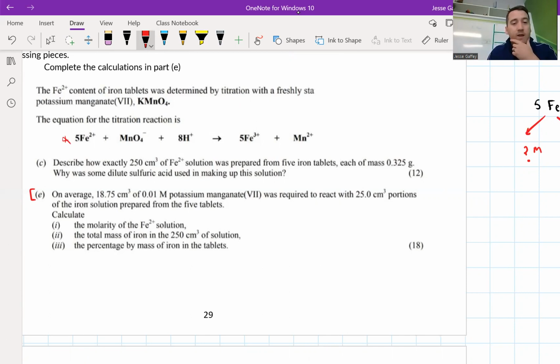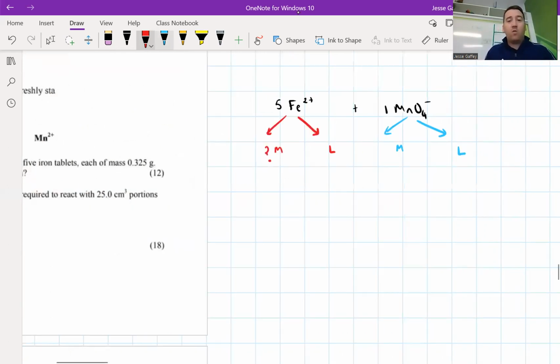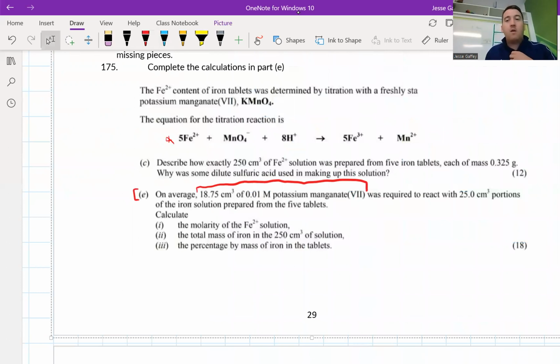All right, so what have we said here? 18.75 cm cubed of a 0.01 molar solution, and all this is talking about potassium permanganate. So we've got everything we need about the potassium permanganate right here. So it's a 0.01 molar solution. And the quantity, of course, it gave it to us in centimeters cubed, but I always say at this stage, convert to liters.